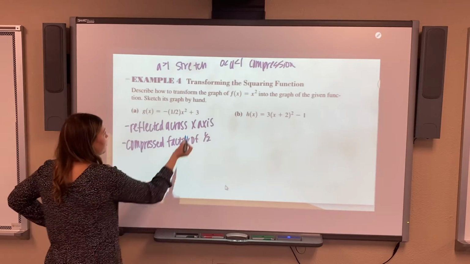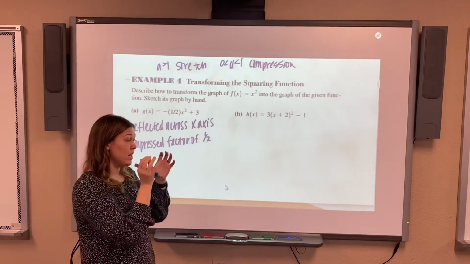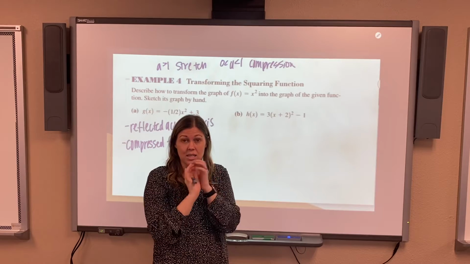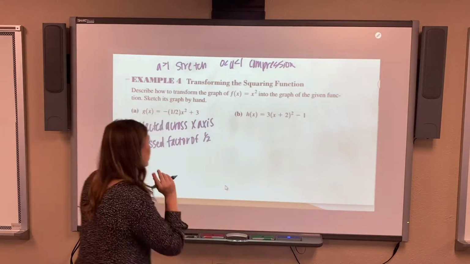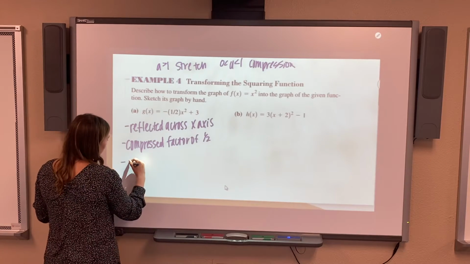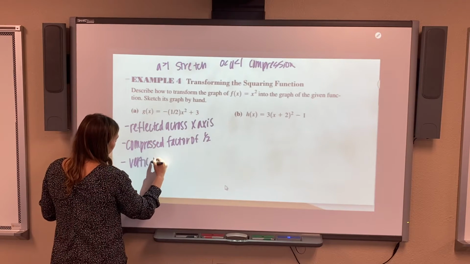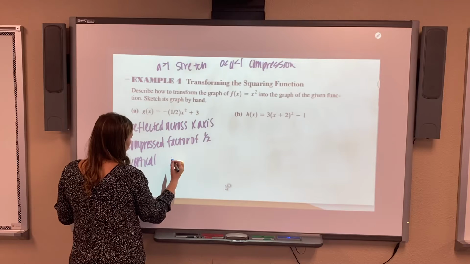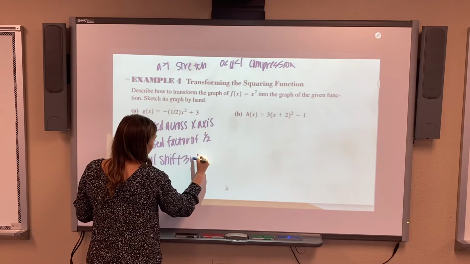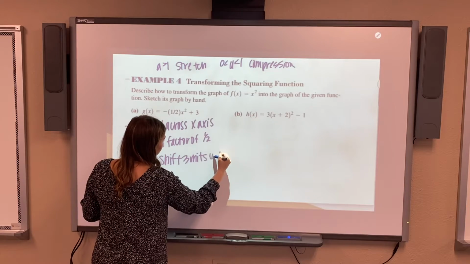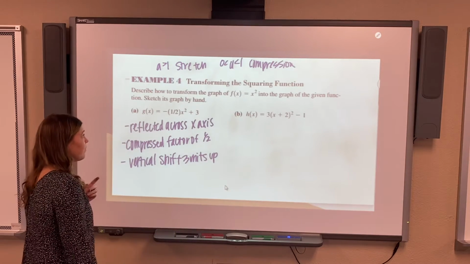And then lastly, we have a plus 3. That's not in parentheses with the x. That's at the end, so that's a k. That's a vertical transformation: vertical shift 3 units up. Okay, and that's it.